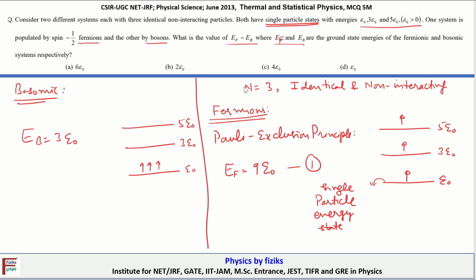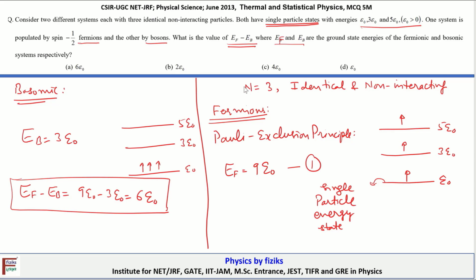Now we are asked what is EF minus EB, where EF and EB are the corresponding ground state energies of the fermionic and bosonic system, and that will be 9E0 minus 3E0, which is equal to 6E0. In my opinion this is the correct answer, but I have seen over the internet that a few people have done this problem in another way, where they kept 2 particles in the ground state energy, the second particle with the opposite spin.